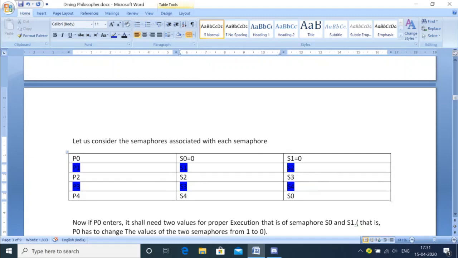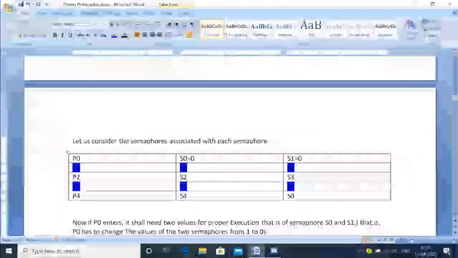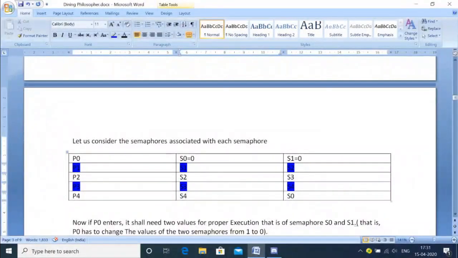So now we need how many forks? Two forks, F2 and F3. The semaphore associated with fork F2 is S2. If fork F2 should be given to P2, its semaphore value has to be changed from 1 to 0.